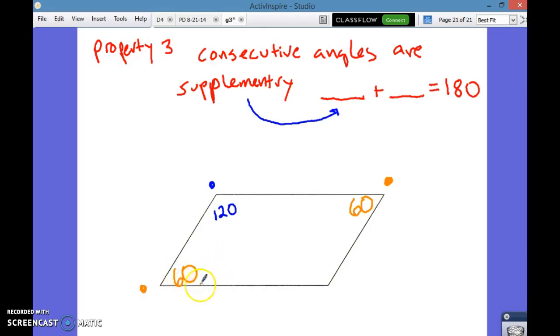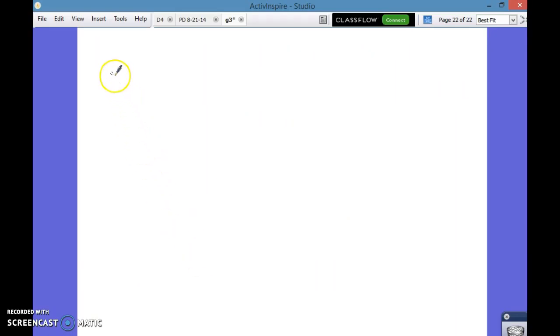It matches up with our corollary, and with that previous property that says opposites are congruent. So what's the measure of this angle going to be? 120. It's very easy to find out all of the angles in a parallelogram if you know one angle in a parallelogram.